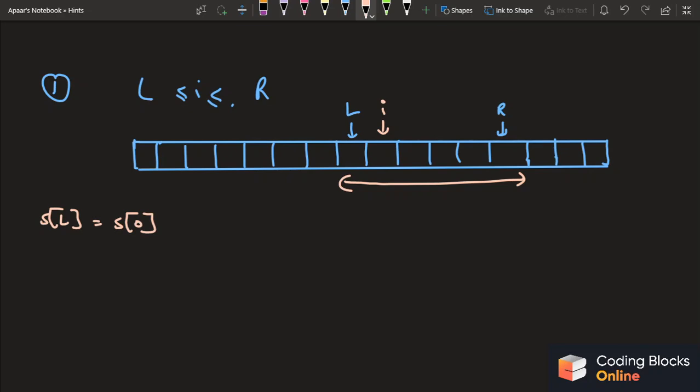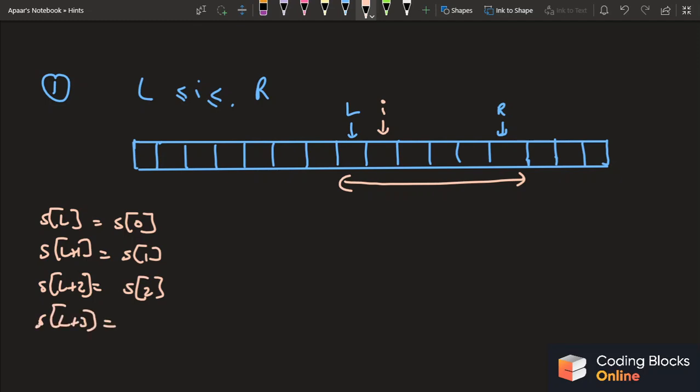That's why this is the range L to R, because it is also a prefix of string S, right? And SL plus 1 equals S1, SL plus 2 equals S2, SL plus 3 equals S3, and 1 2 3 4 and 5, right?